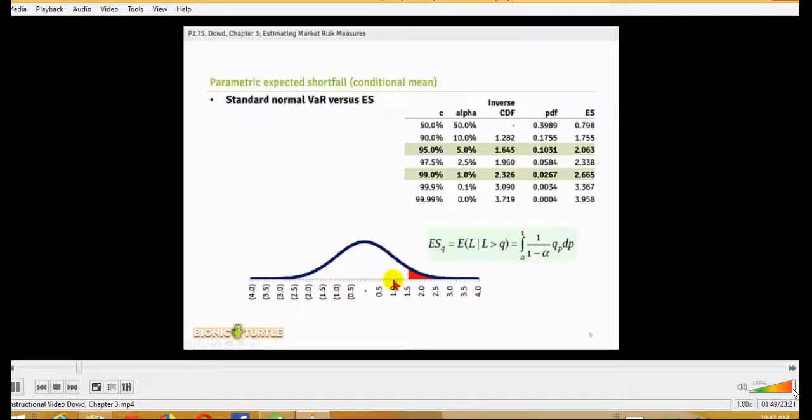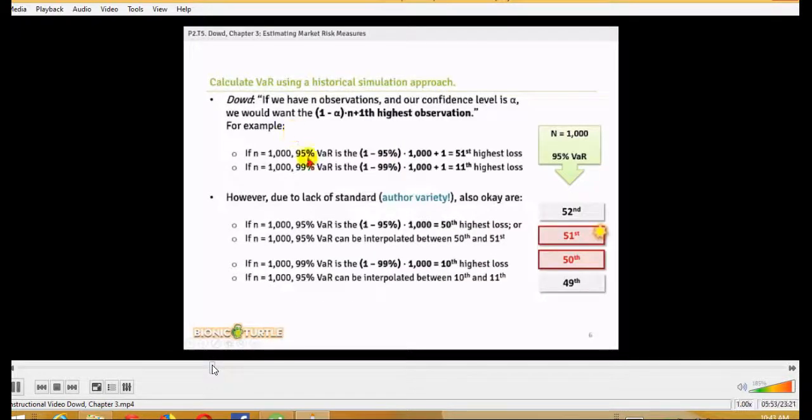In other words, out here at 1.645 standard deviations, 95% of the area under this curve is to the left. And so that's our quantile function or inverse CDF that we rely on so much. And then the 99th percentile is approximately 2.33. So this quantile approach, now the historical simulation VAR.